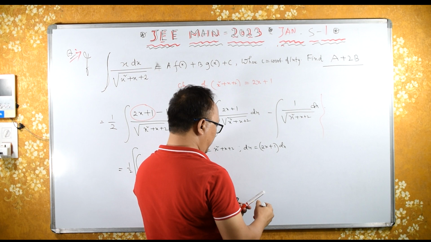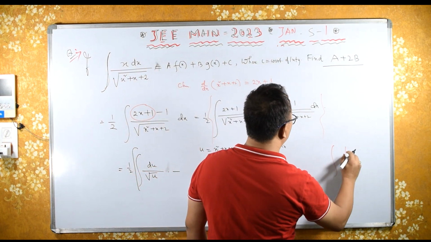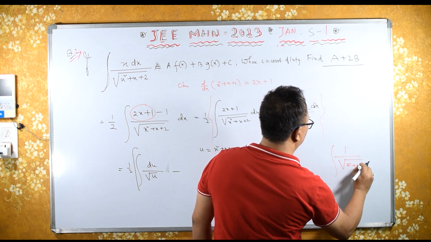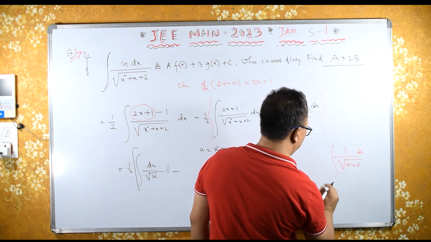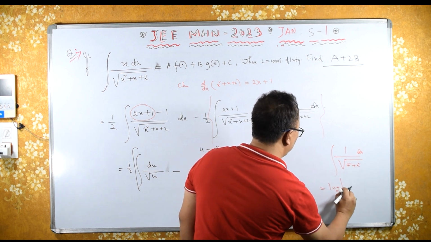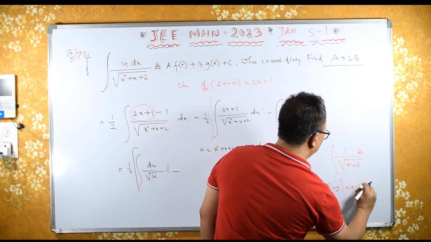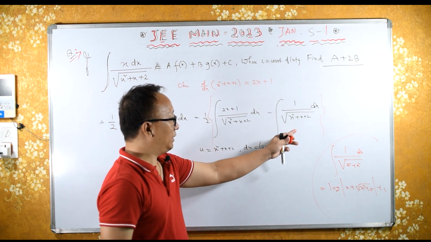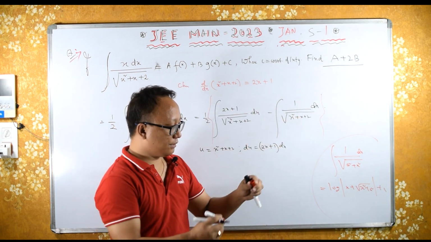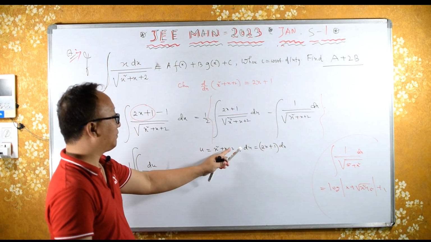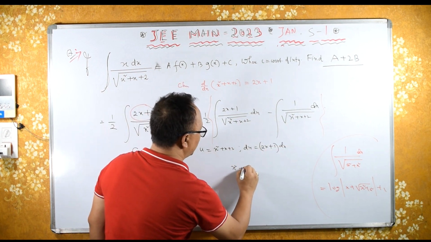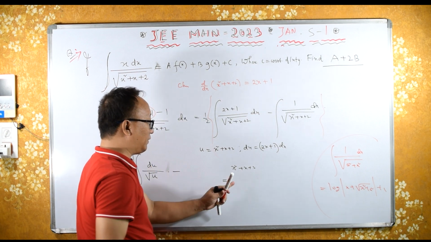Now we have this: integral of 1 upon square root of a square plus x square dx is equal to log of x plus square root of x square plus a square plus c. Now we need to use this over here. Let's consider x square plus x plus 2 and make a perfect square.